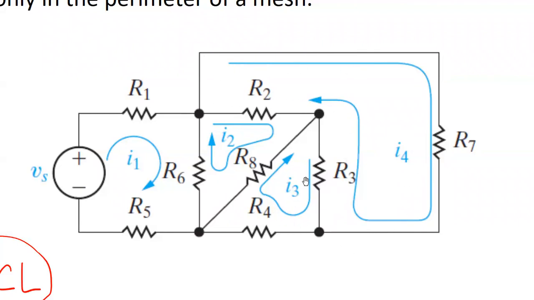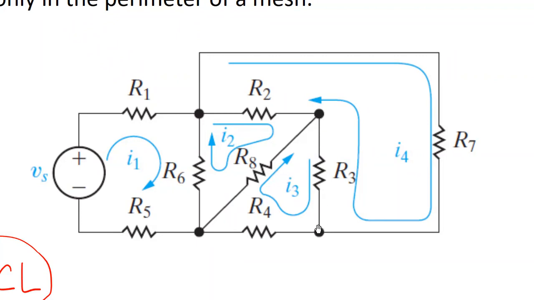Here we have another loop starting from this point, down to this point, to the left-hand side, and then up to this point. We gave it number 3. So we have a mesh current that will flow in this mesh. And this mesh current is not the current of R8.